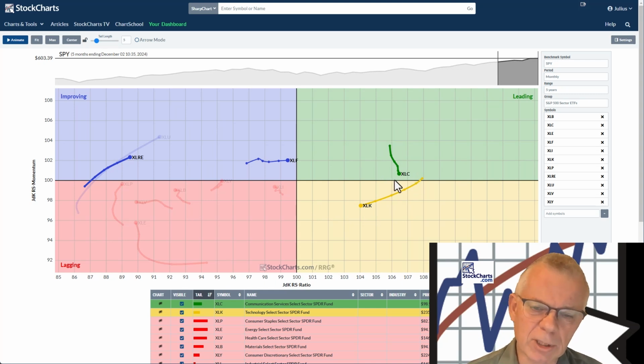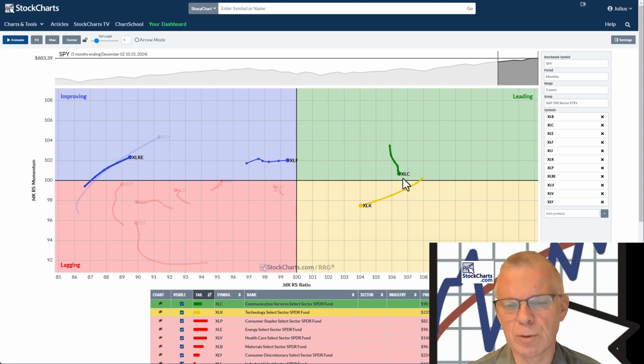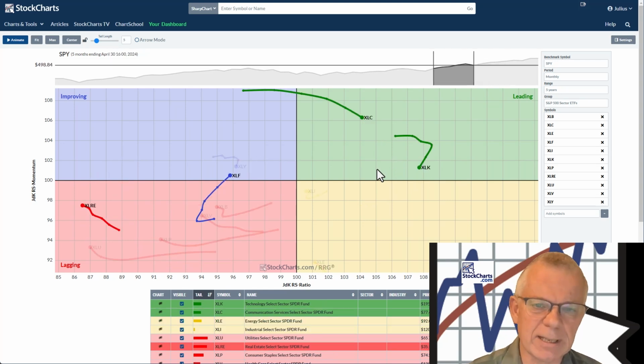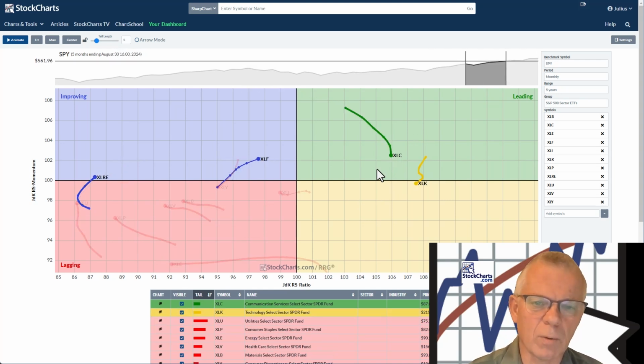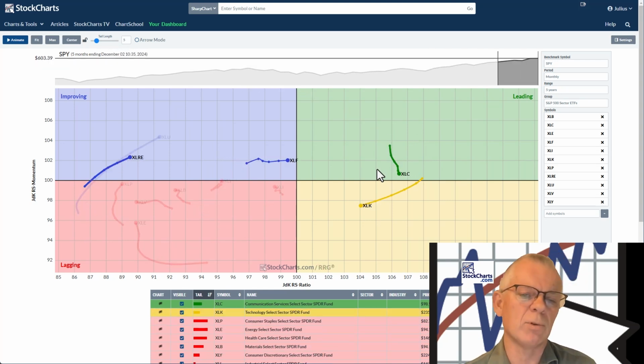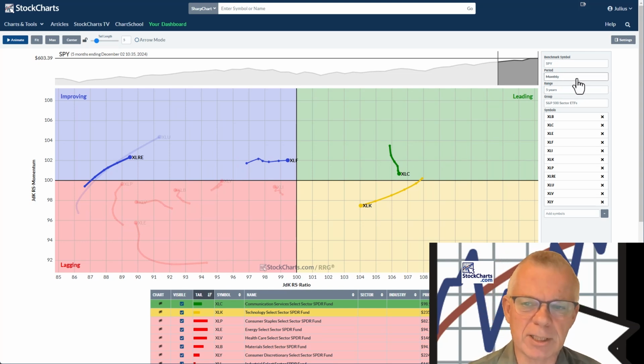The communication services sector is still good. The seasonals are good, but I wouldn't be surprised if it already had its run, because if you look at the rotation, you see that they are coming from a long way and they are now moving lower. So we could take a little bit of a granular look and bring all of this into a weekly RRG and see where these sectors end up when we do that.